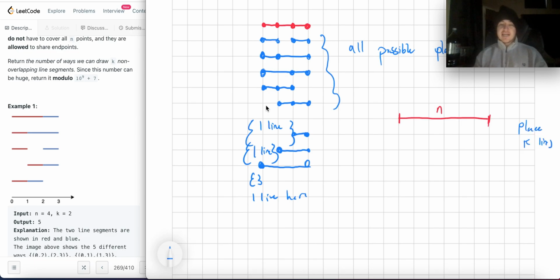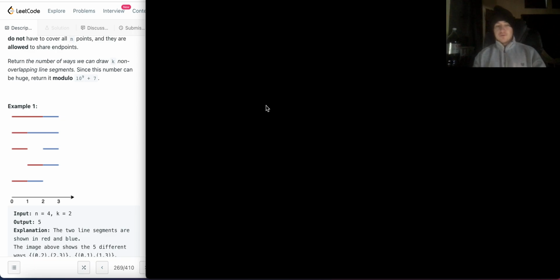So I have to place k lines in this n space. Well, what are my options? I could put a line of length 1 here, which means that I'm going to have to place k minus 1 lines in this remaining dimension here.